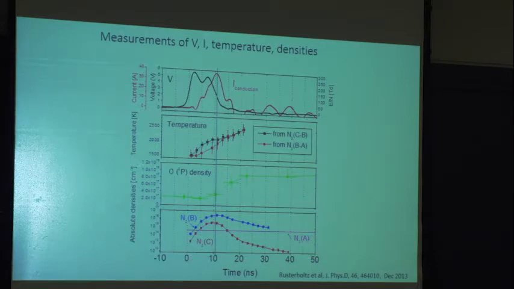You can see the measurement: the first thing coming up is the electronic excitation of B and C, because emission spectroscopy is time-resolved. So you can see that the electronic excitation of B and C is the first thing to rise. That means electron impact with nitrogen generates this electronically excited nitrogen.